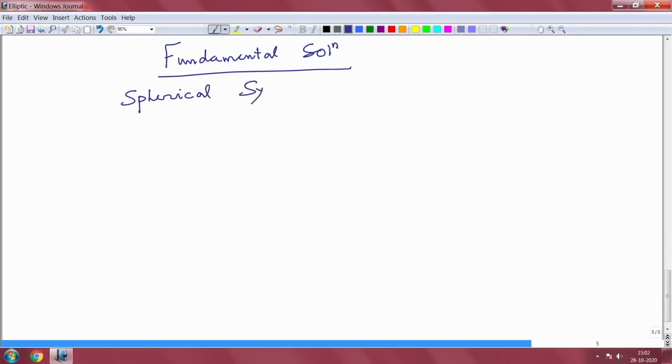So, let us understand one by one. Spherical symmetry of Laplacian. What is this approach? Suppose Laplacian of U equal to 0. That means whenever U satisfies Laplacian equal to 0, then U is called harmonic.